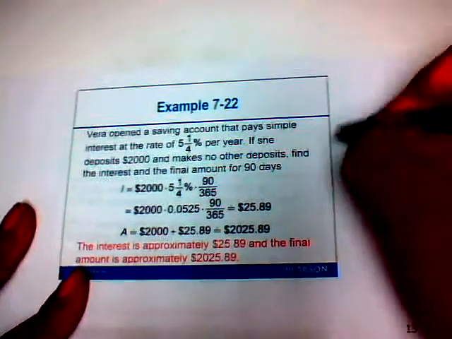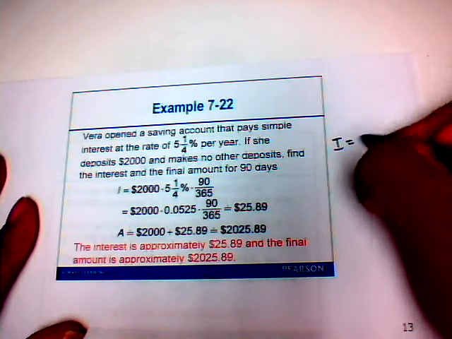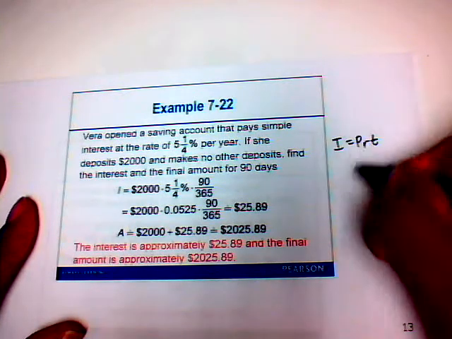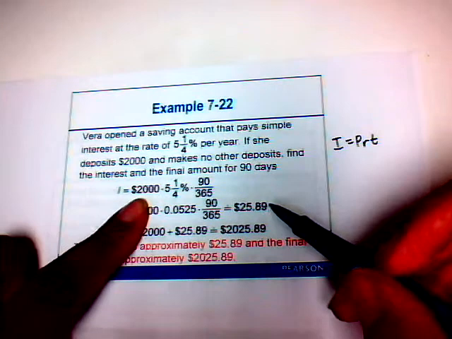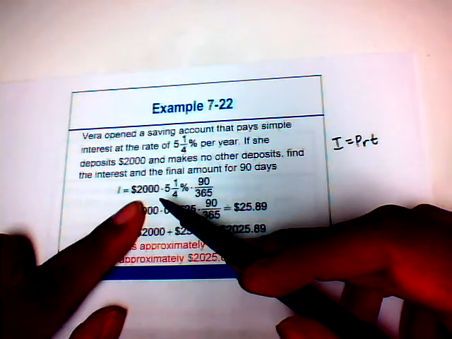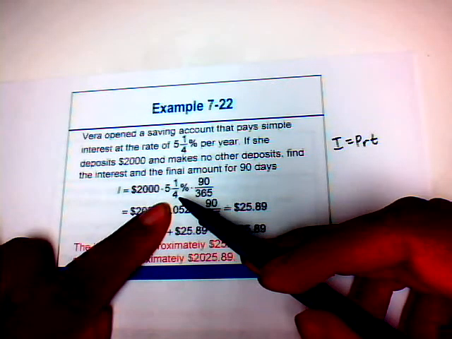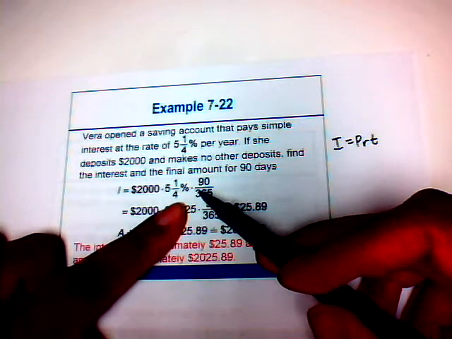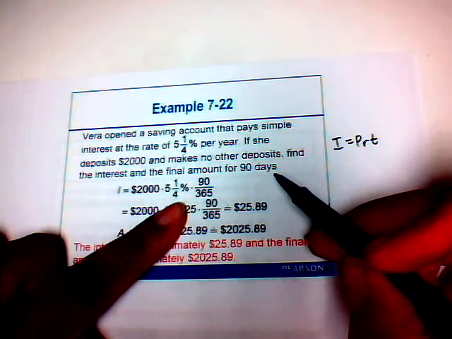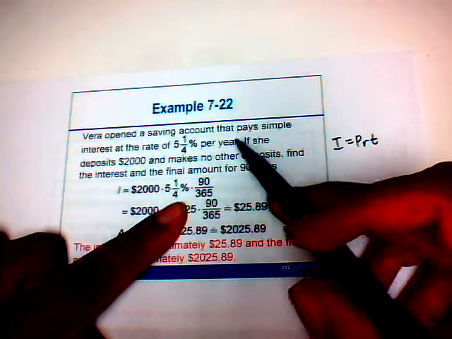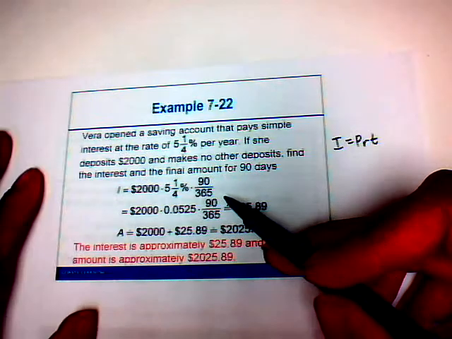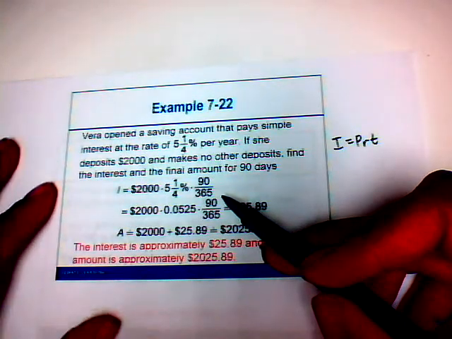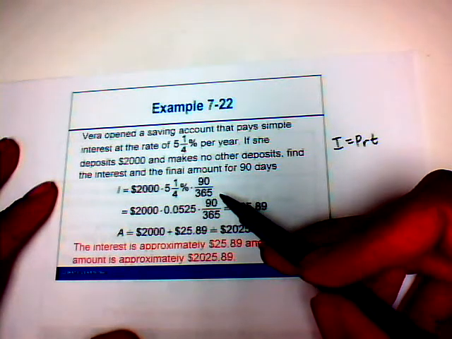I is equal to P times R times T. The principal is $2,000. The interest rate is 5.25%. The time has to be in years. We're given 90 days. So it has to be 90 over 365, because there are 365 days in a year.